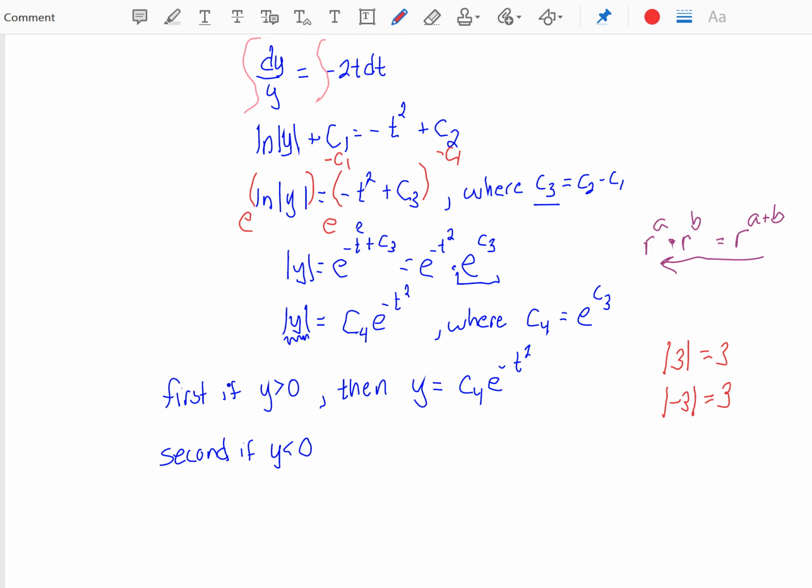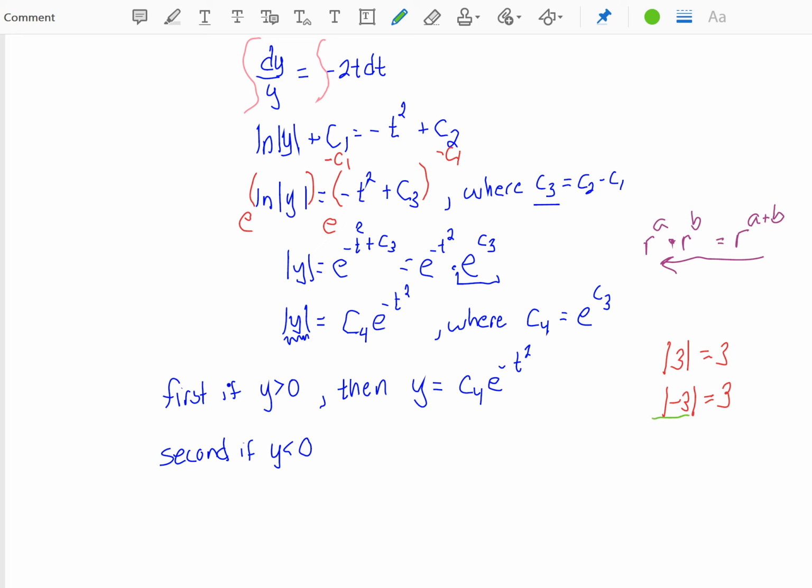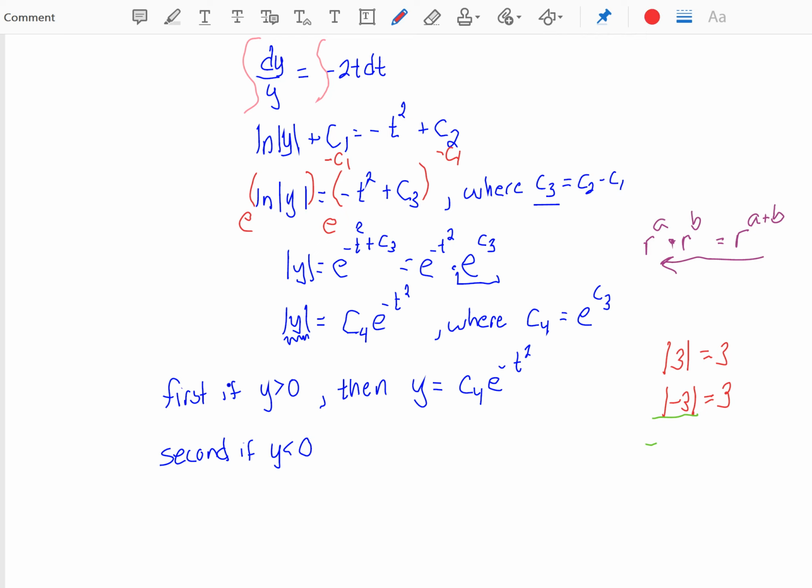And while that is true, I'd like to make an algebraic argument why this works. So here when we say the absolute value of negative 3, we know this has to be positive. So what we'll say is, well, if I put another negative in front, then the negative of a parenthesis negative 3 will still be 3. Of course, I only add this extra negative when we know our argument is negative.